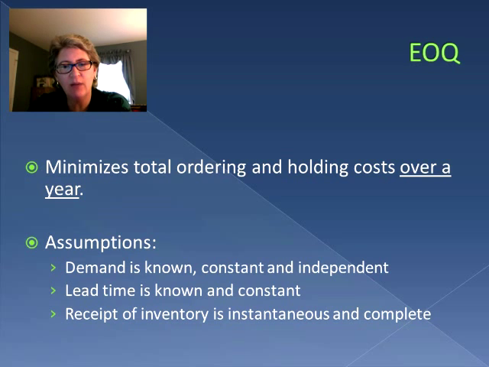The lead time is known and constant, which means from the time we place an order to the time we get it, we know exactly how long it's going to take, and that never changes either. And when we get the inventory, we get it all at once. We never get partial orders. There's never any problems with it. So these are key assumptions with the EOQ equation. Admittedly, they're not very realistic, but it is a starting point for analyzing inventory.